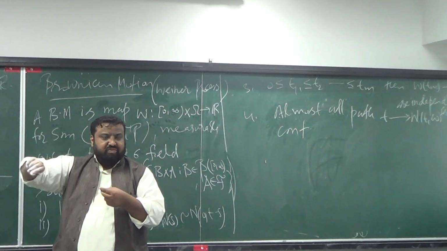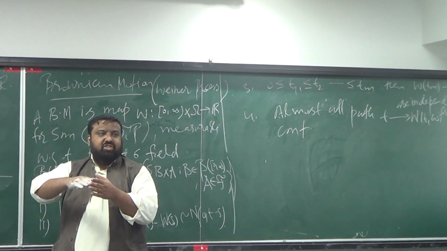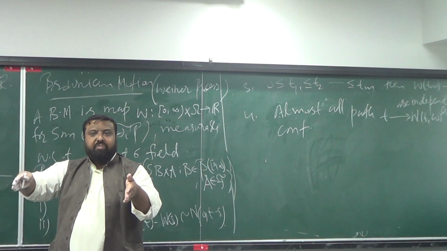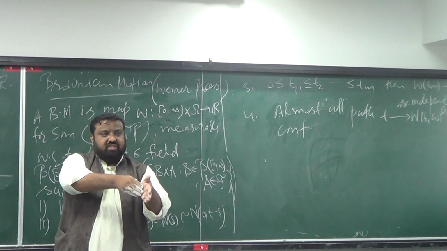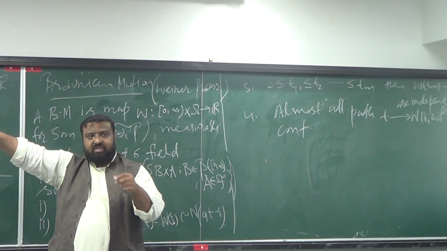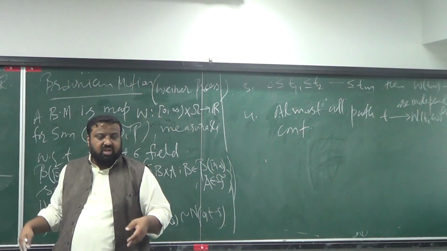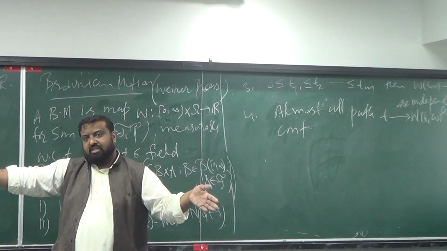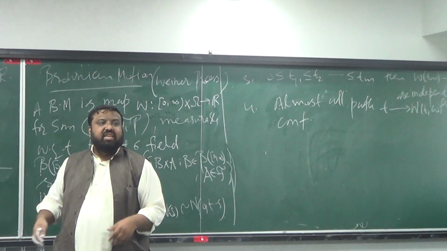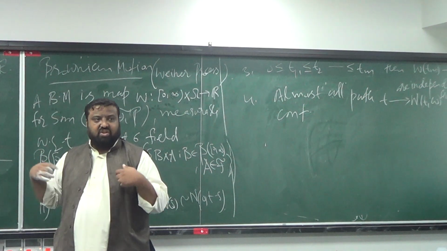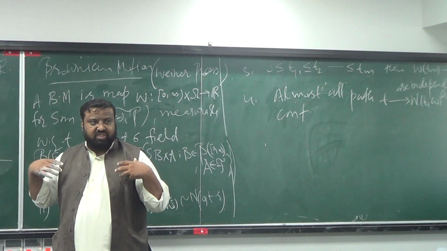What do you mean by h goes to 0? Each interval is being infinitely sliced, because capital N goes to infinity and h goes to 0. Then the process is what we call Brownian motion. So the Brownian motion can be seen as a limit of scaled random walk.